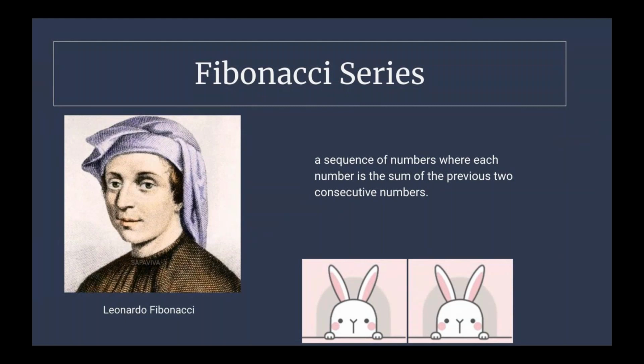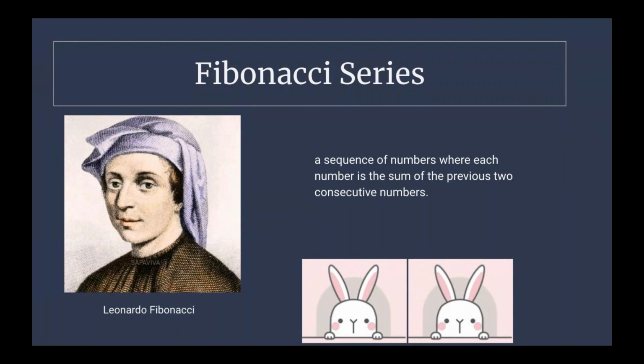These bunnies populated over and over again. And what he realized was that the total number of pairs of rabbits, both adult and baby, in a particular month is the sum of the total pairs of rabbits in the previous 2 months.